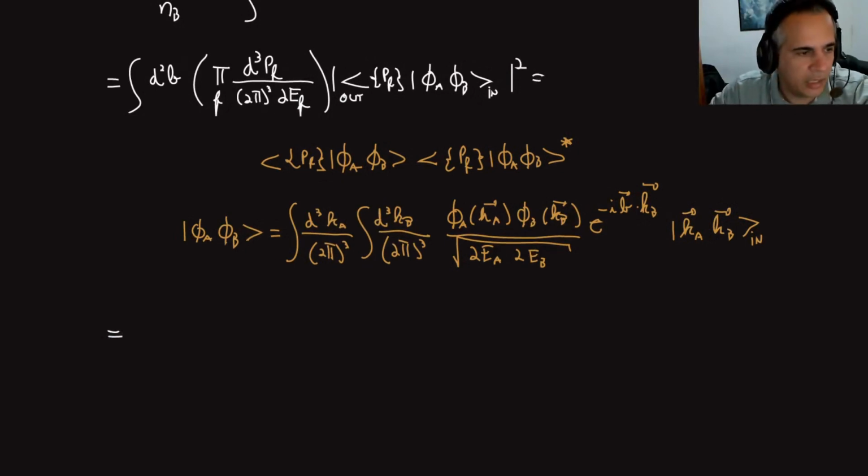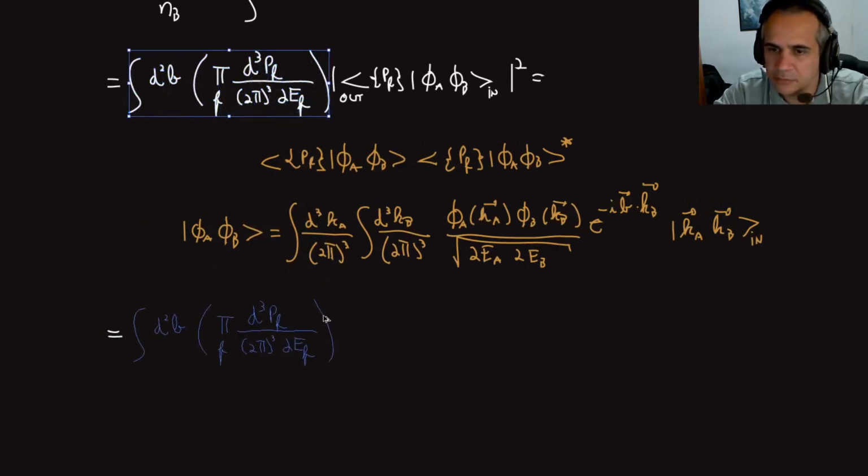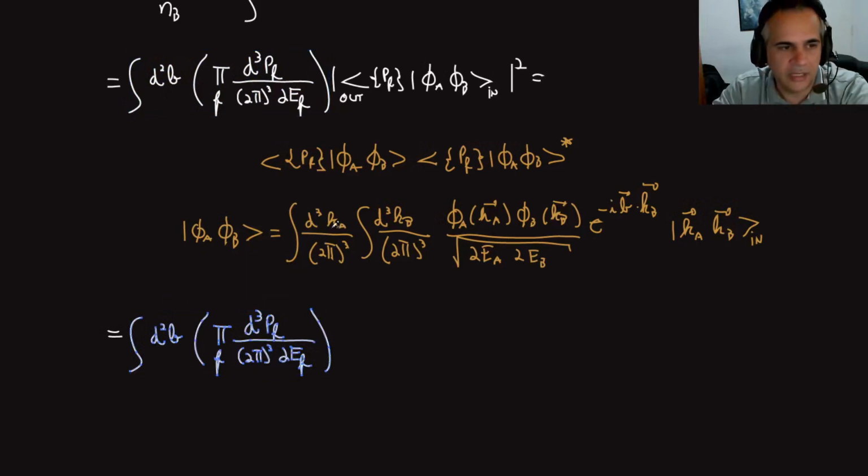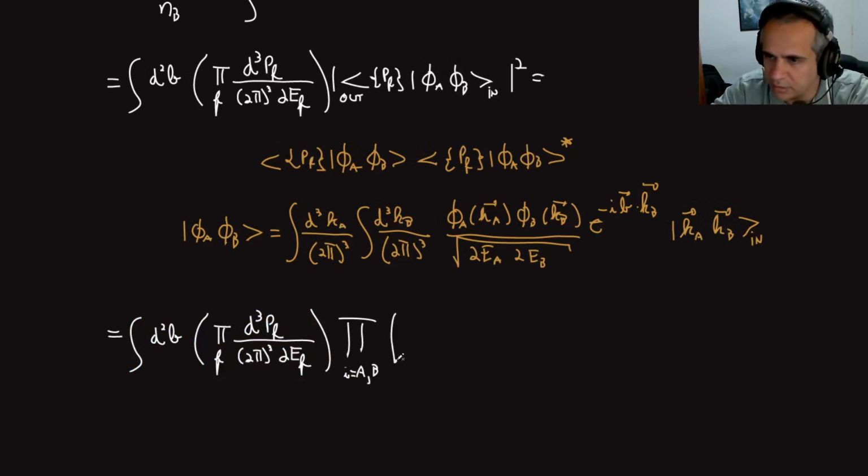So this part just repeats itself. Then I need to write this one. I'll write these two integrals as just one. So I'll put a product over i going A or B. And I just have to write the integral of d3ki, that way I have ka and kb, over 2 pi cubed.